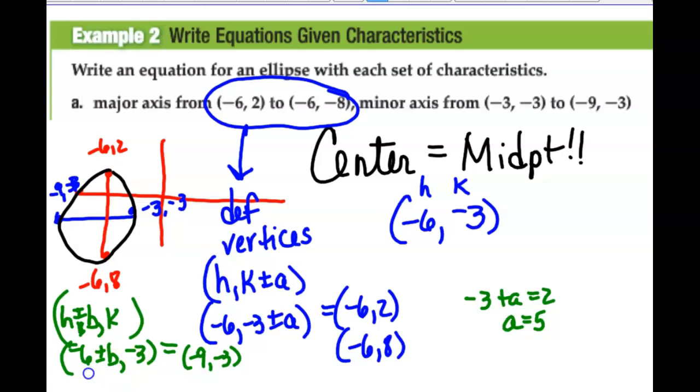So 3. It doesn't matter if it's positive or negative because we're going to put it in as a B squared anyway. So B is 3. So can anybody write the equation? X minus -6 would be X plus 6. We're just putting the numbers A, B, H, and K into the formula.